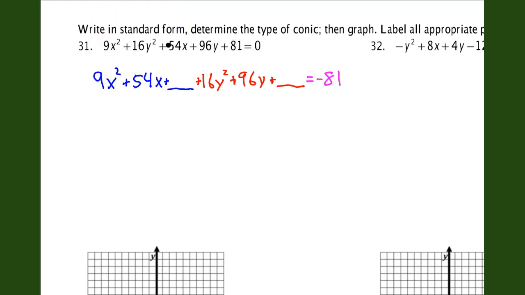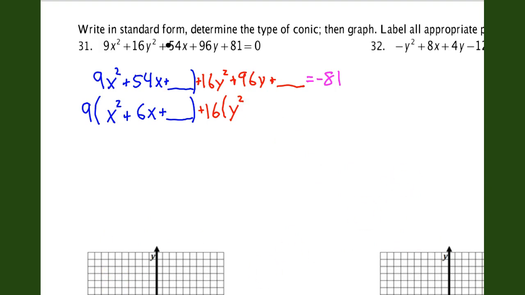All right. So like the hyperbola, we need to factor out a GCF. In order to complete the square, we need this square to actually be a 1 here. That's why we're taking this out. So we're going to have 6 plus whatever number completes the square, in parentheses here, and then take out the 16 from the y squared. So we'll have y squared, and then 96 divided by 16.